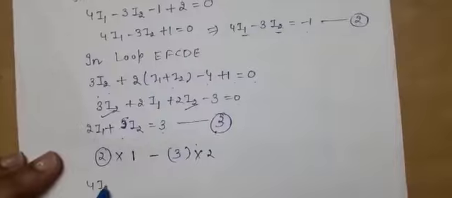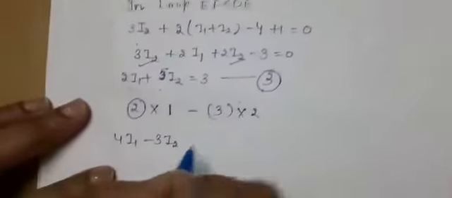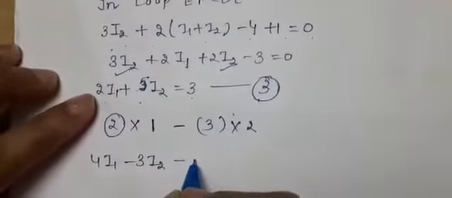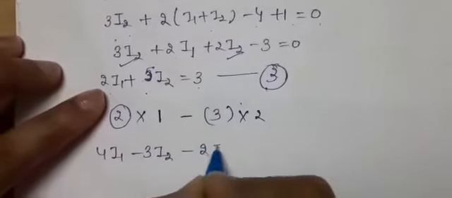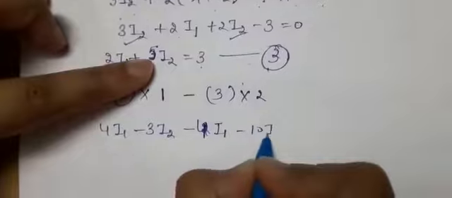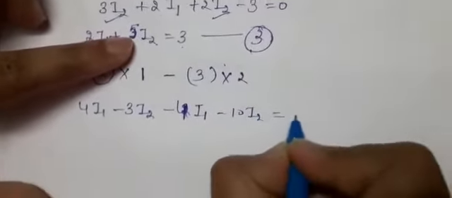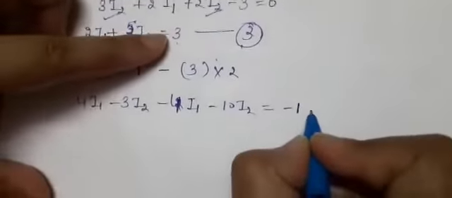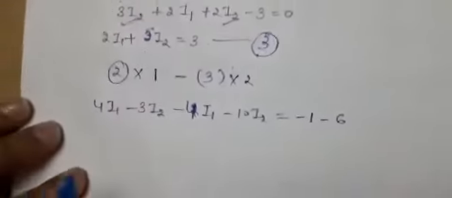So 4i1 minus 3i2, here minus, this is 2 into 2, this is 4i1 and minus 10i2. This will be equal to -1 and here it will be -6.